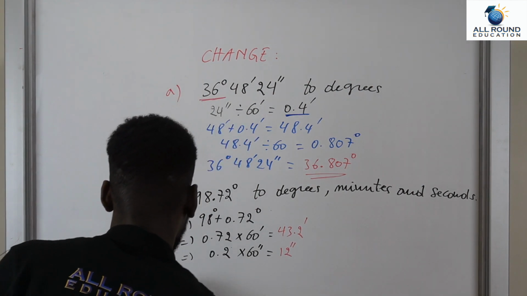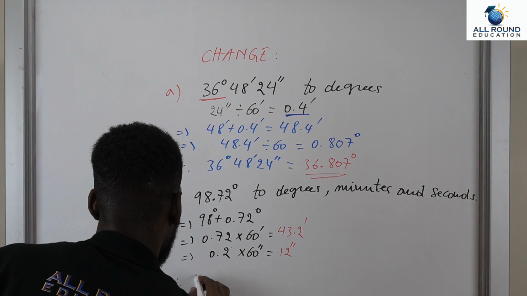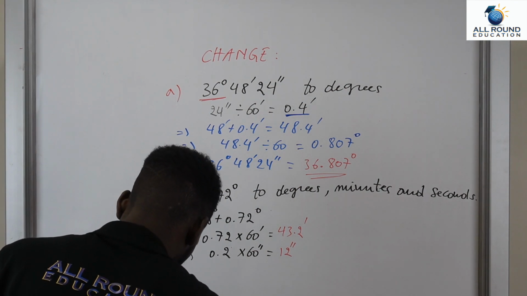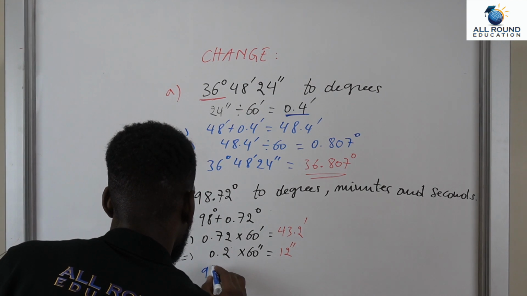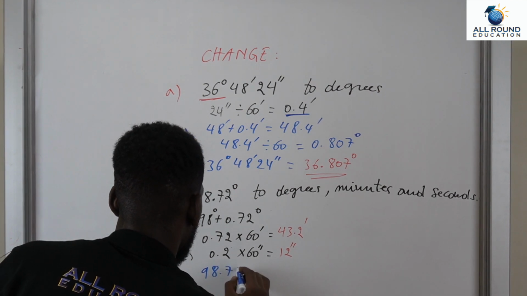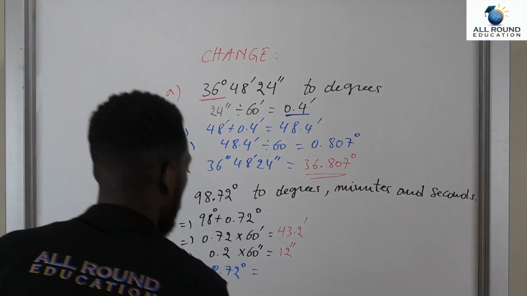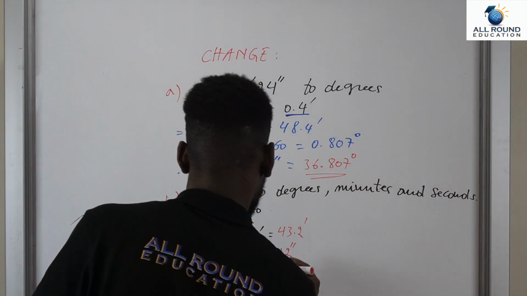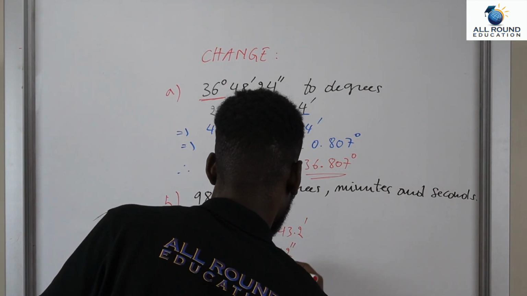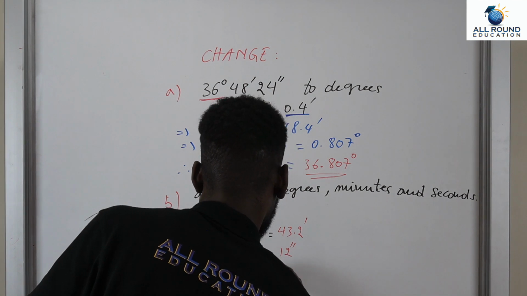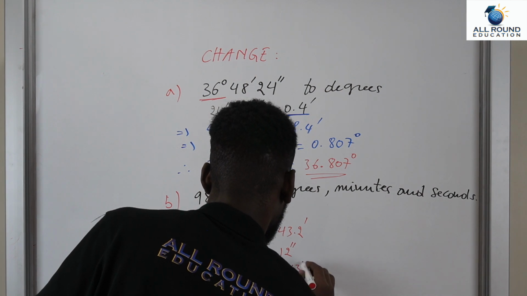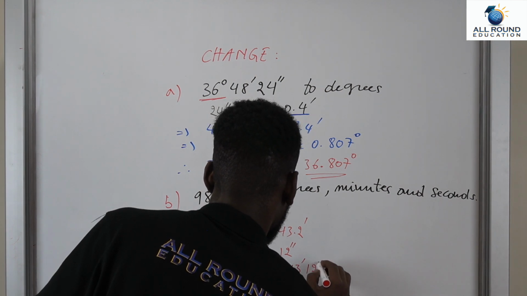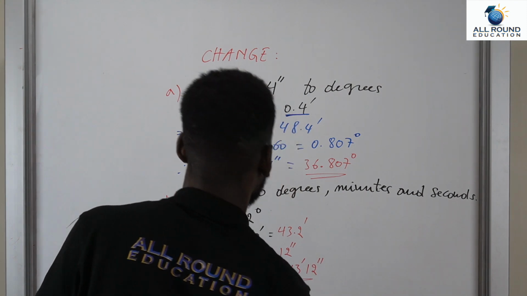Therefore, 98.72 degrees is equal to 98 degrees 43 minutes and 12 seconds.